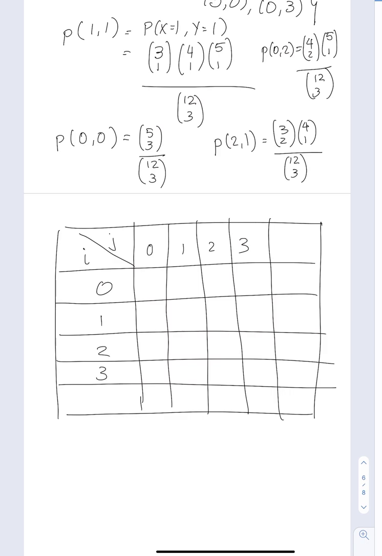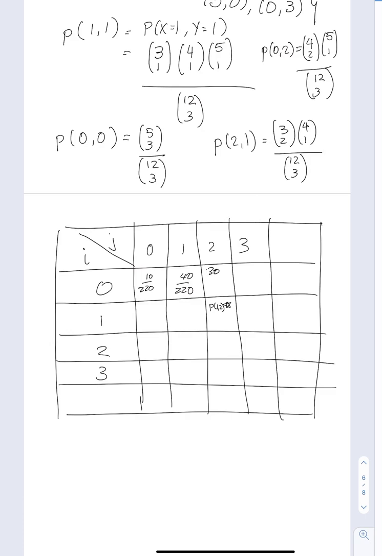All right, and so for example, what does this entry stand for? Or actually, let's do a different one. Let's say, what does the star entry stand for? It stands for P of 1, 2. All right, what is that? That's the probability of picking 1 red ball and 2 white balls. All right, so these entries you can compute. This is 10 over 220. This is 40 over 220.